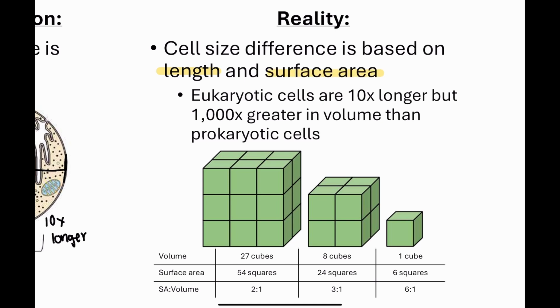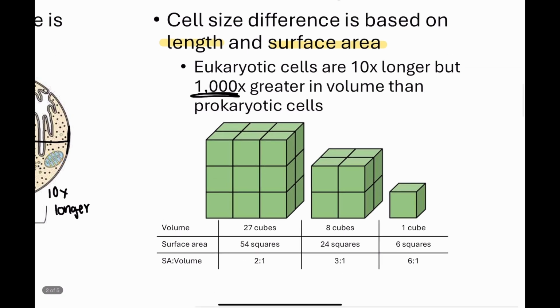So our eukaryotic cells are 10 times longer, but they are actually 1,000 times greater in volume than our prokaryotic cells. And we can explore this surface area to volume relationship by using this figure. We have all of these cubes, and we can say that each cube represents an individual cell.